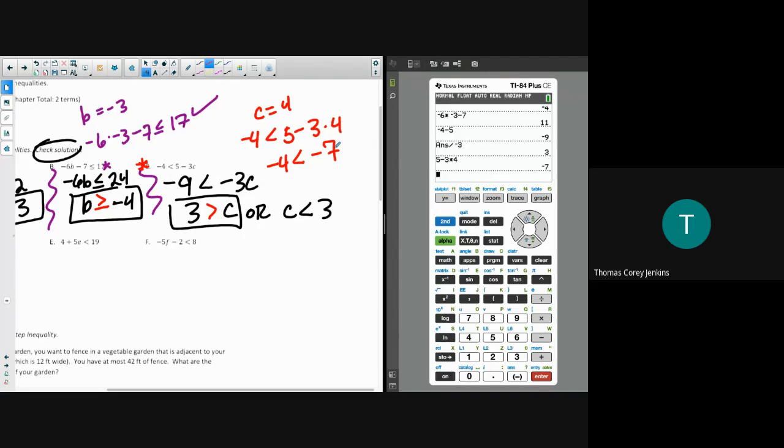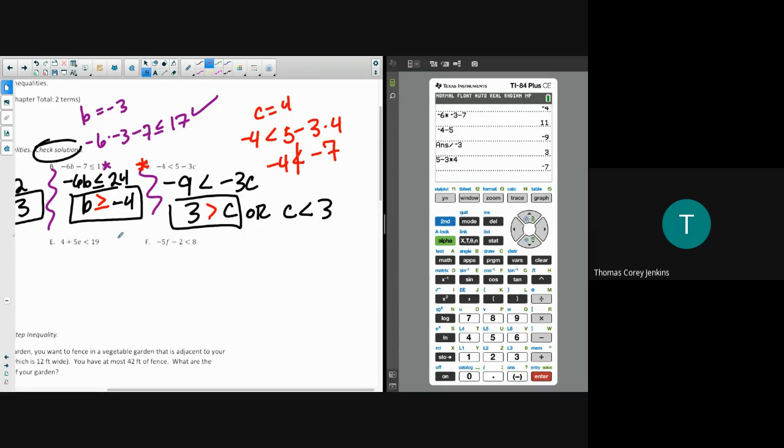Well, that is false because -4 is greater than -7, right? That's just a weird way to check your answer, but that would be another way to confirm your answer. If I subbed in numbers like 2 or 1 or 0, those should all give me true statements because our solutions are that c is less than 3 or 3 is greater than c.